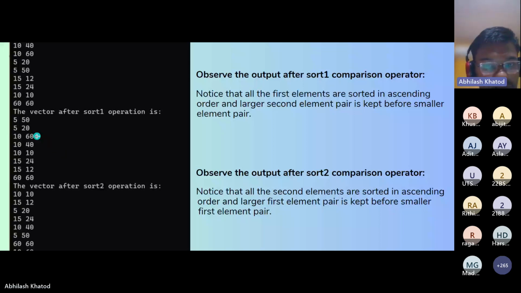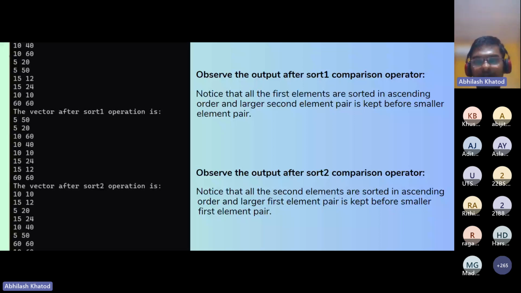I hope you understand it now. I have written the same thing here. Notice that these elements are sorted in ascending order and these in ascending order, these in descending order as well as these in descending order. So I have shown you both ways. Actually, all three ways. In the first code, we did it all in ascending order.